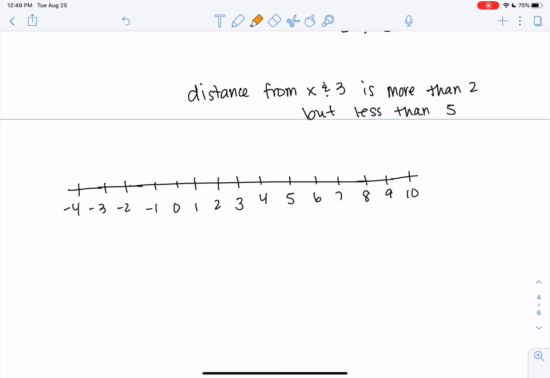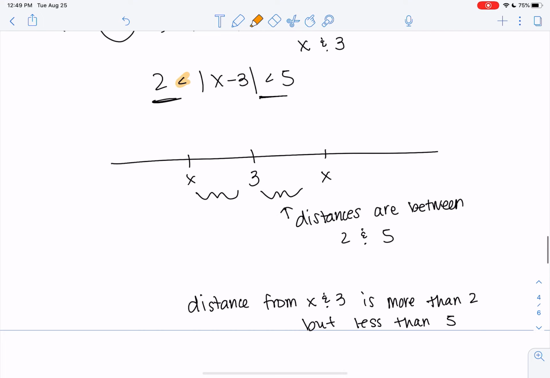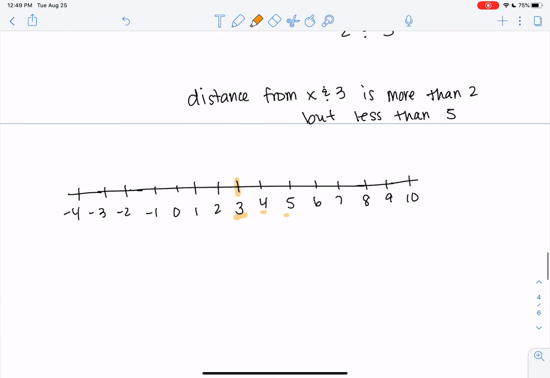So let's just physically count. Here's 3. So 1, 2. I'm going to put open circles because we're not including endpoints. So 5 would be a distance of 2. And 8 would be a distance of 5.